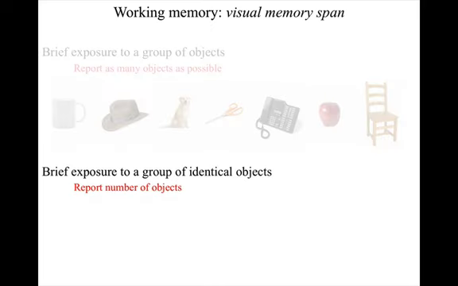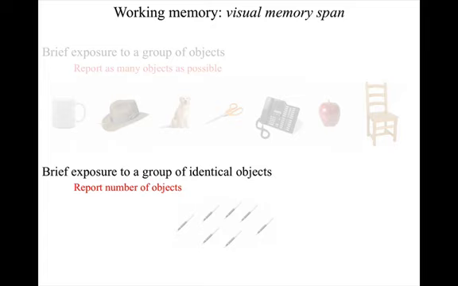In another version of the test, subjects are shown a randomly arranged group of identical objects, again very briefly, and asked to determine how many objects are present. Subjects can correctly identify group sizes up to about 6.